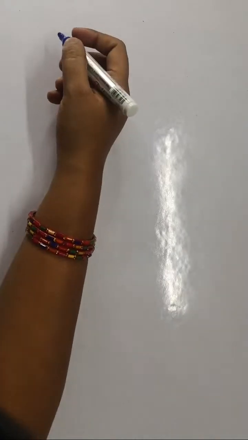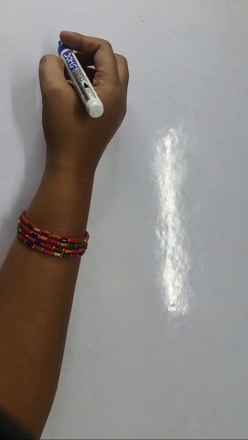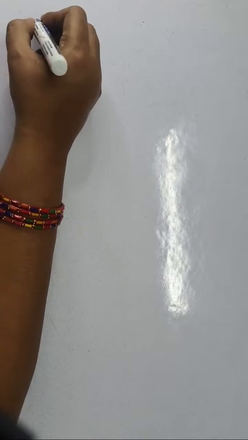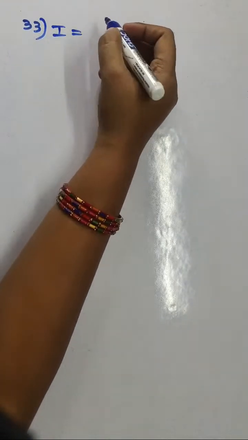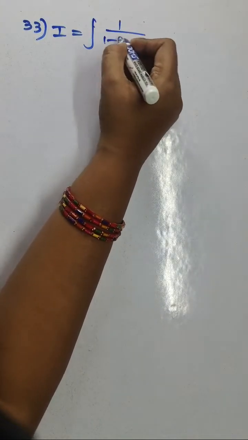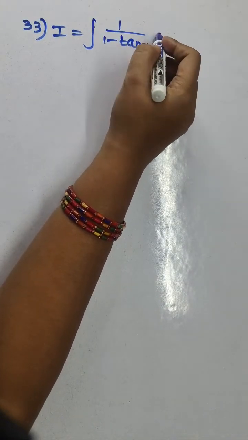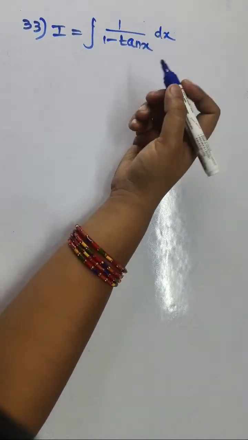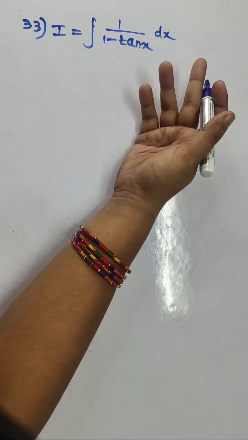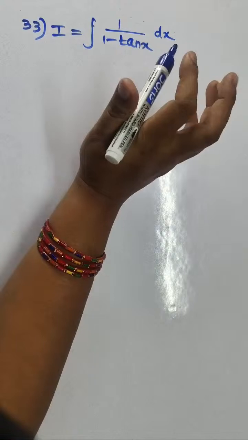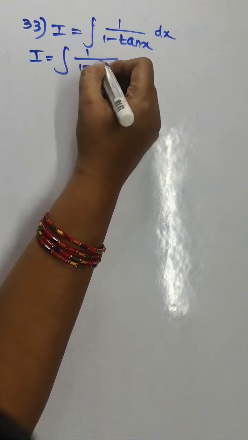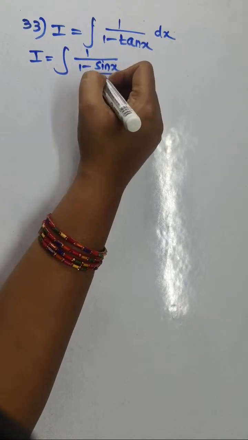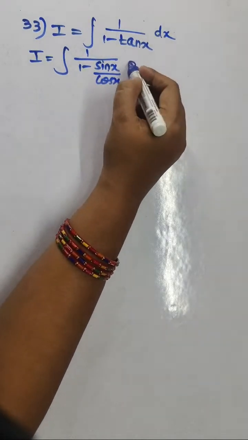Question number 33. I equal to integral 1 by 1 minus tan x dx. The same process for cot x what we did, the same thing. I equal to 1 by 1 minus sin x by cos x dx.